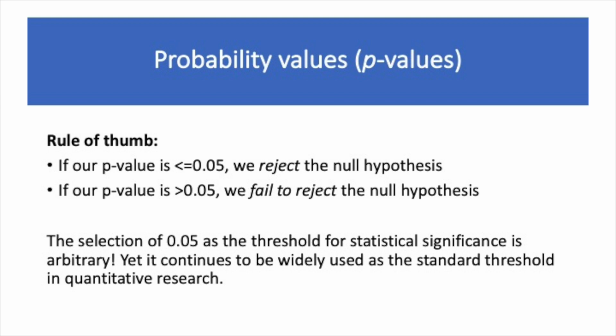It's arbitrary. However, this threshold of 0.05 continues to be widely used as the standard threshold in quantitative research. Okay, so we continue to see it used regularly in social science research, and you probably have come across some studies that do talk about and report p-values, okay, and use this same exact threshold.